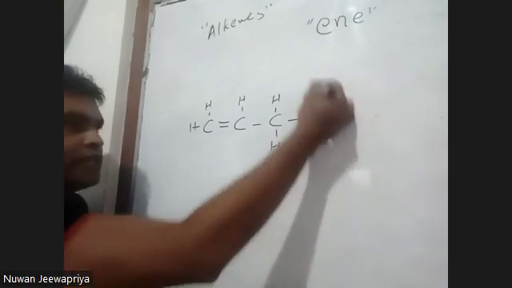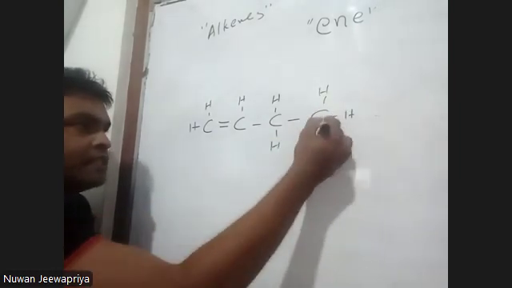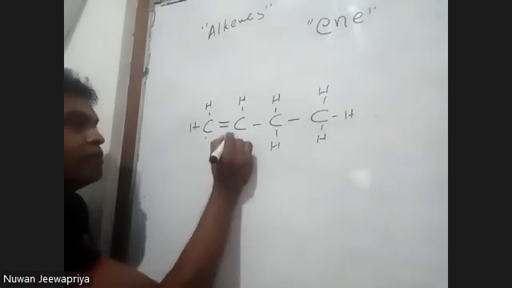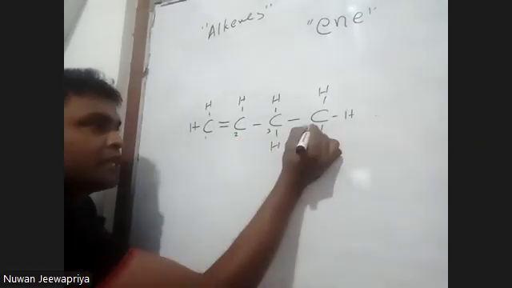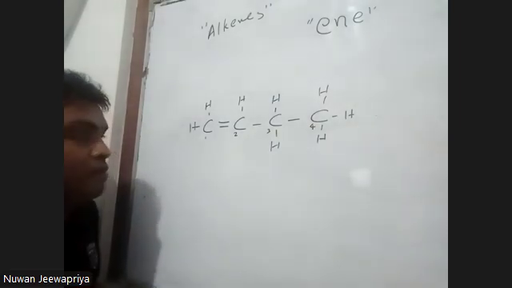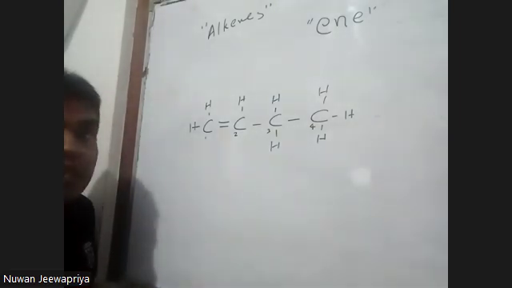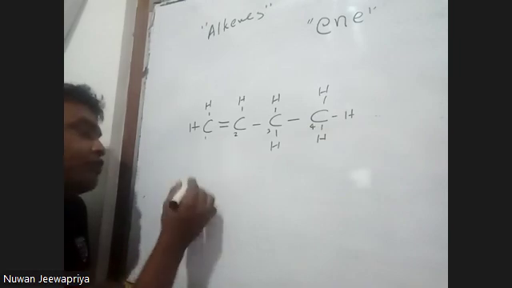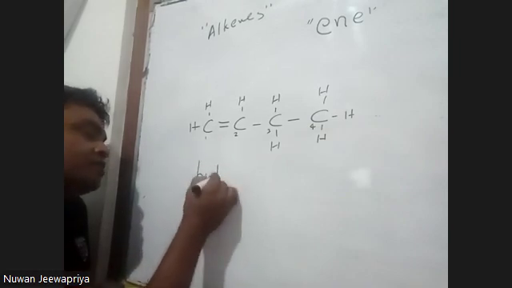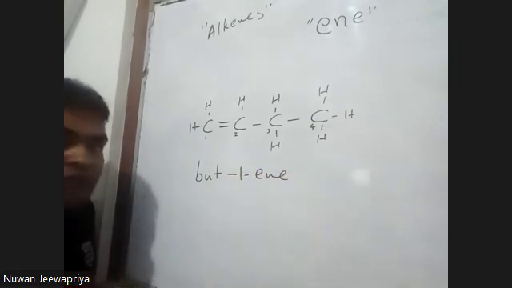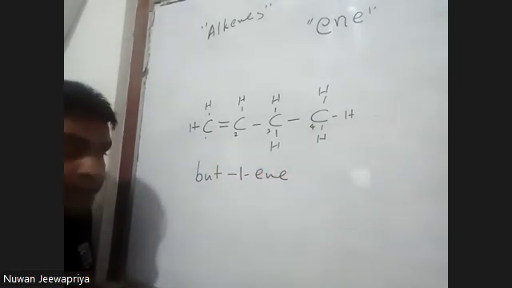This has 2 vacancies. This has 3 vacancies. So this is number 1 carbon, number 2 carbon, number 3 carbon, number 4. Then where I see the double bond first, the number 1 carbon, so we say but-1-ene, right.